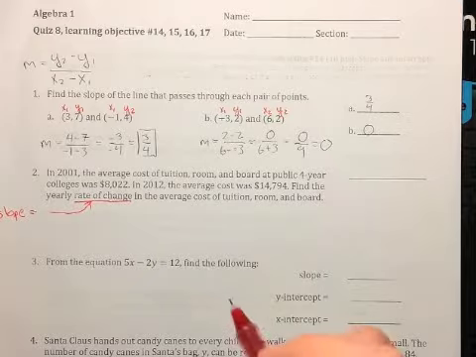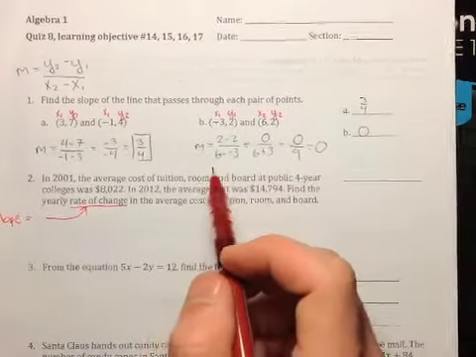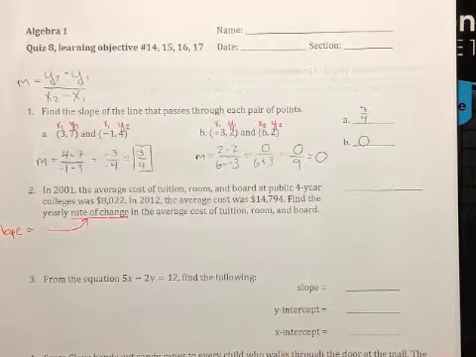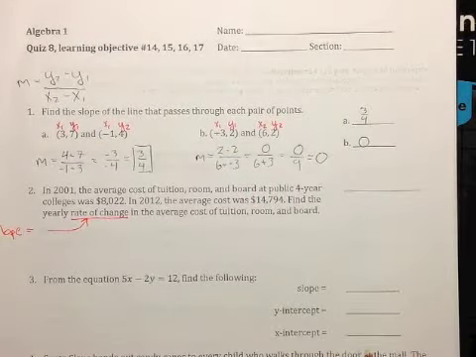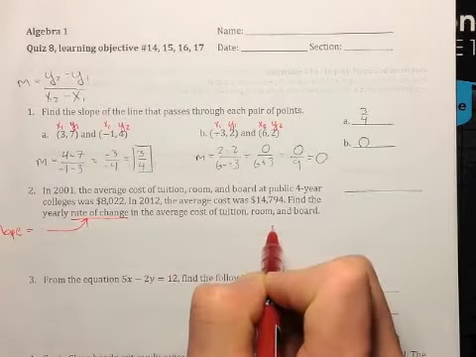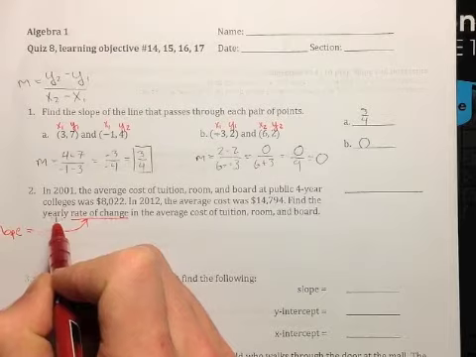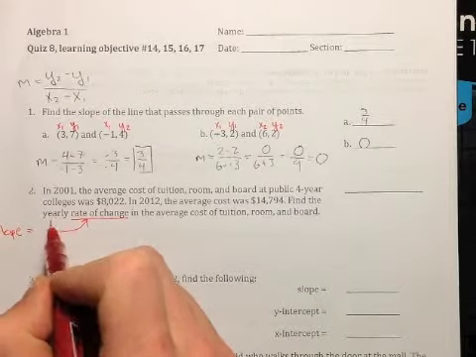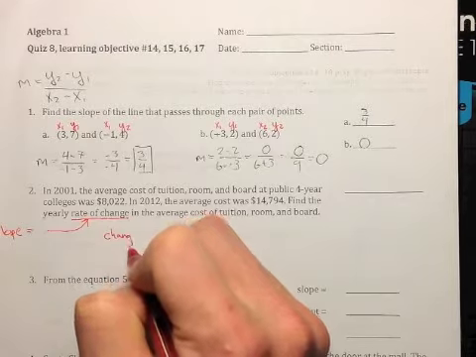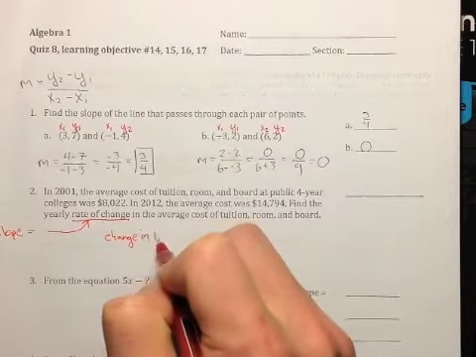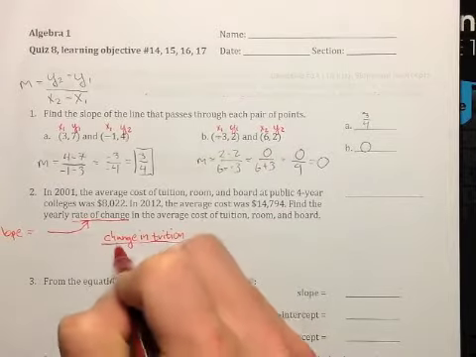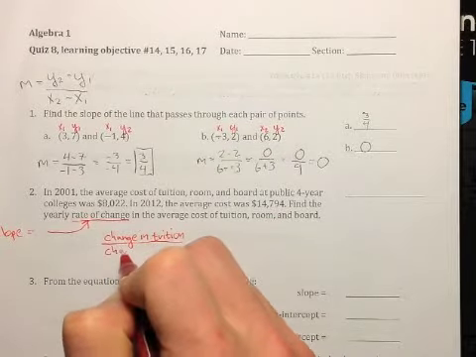Slope is the same thing as rate of change. Okay, so that means let's try to identify what our x1, y1, x2, and y2 are. Okay, well, we're looking for the rate of change in the cost of tuition over how many years it takes. So what we're looking at is change in tuition and room and board and all that over the change in time.